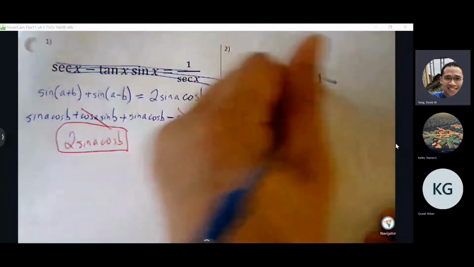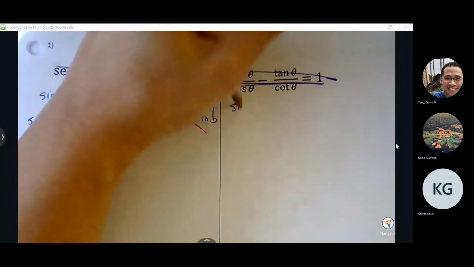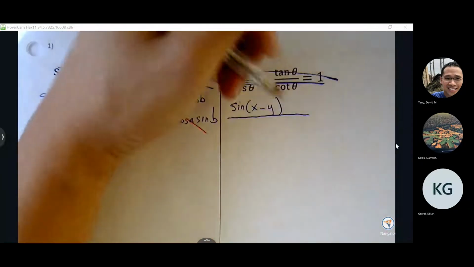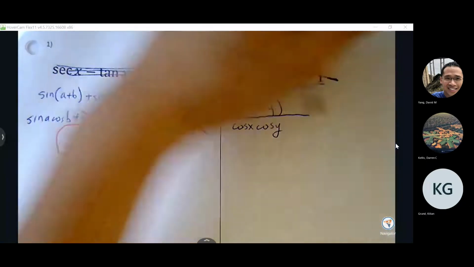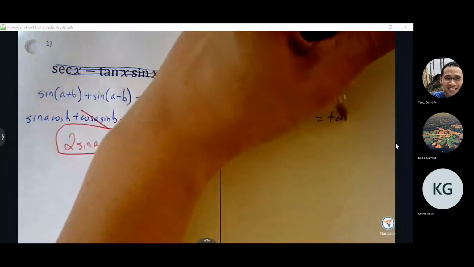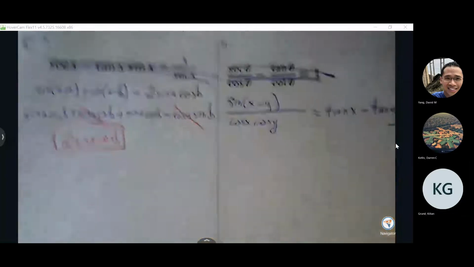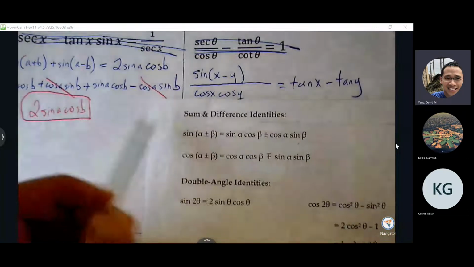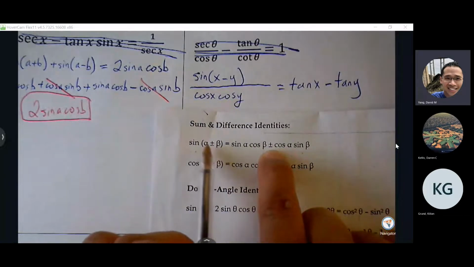All right, let's try another one with some difference. Let's try this one here. Okay. We can expand that sine x minus y here. So for A, I'll put x.